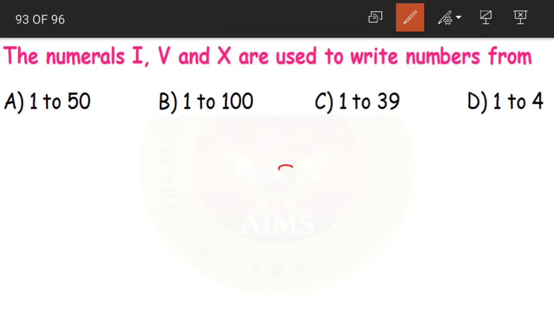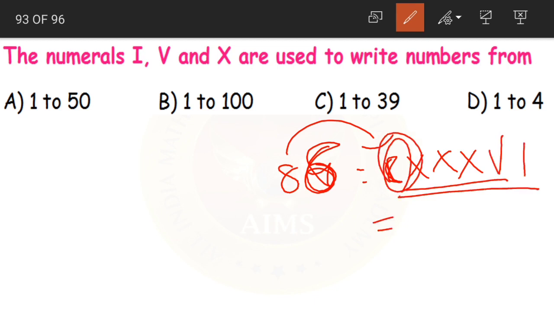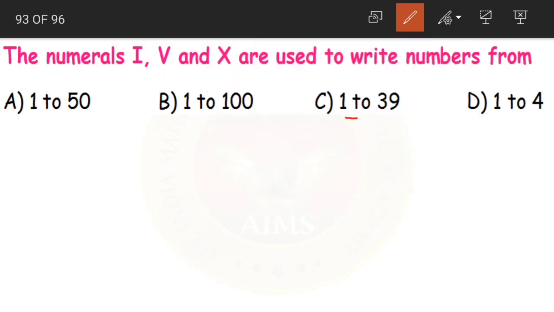No. If we take a number, say 86, how will 86 be written? 50 plus 10 plus 10 plus 10 is equal to 80, and 6. This will become our 86. Now here see, C is also used. So again, only IVX are not sufficient to write the numbers from 1 to 100.